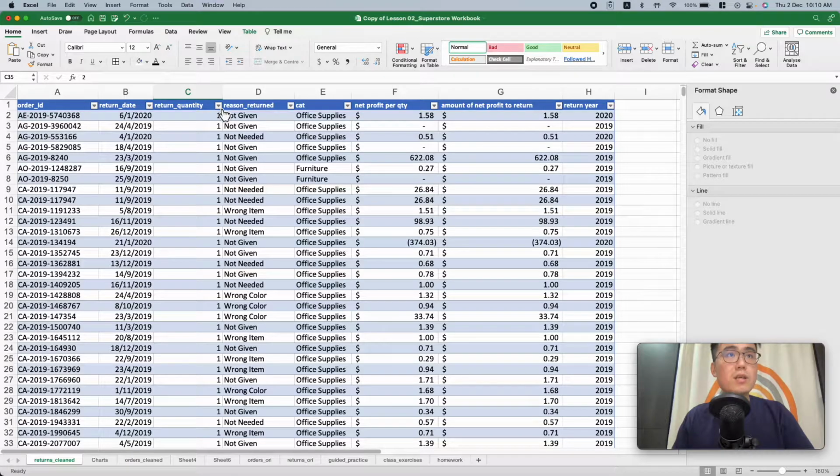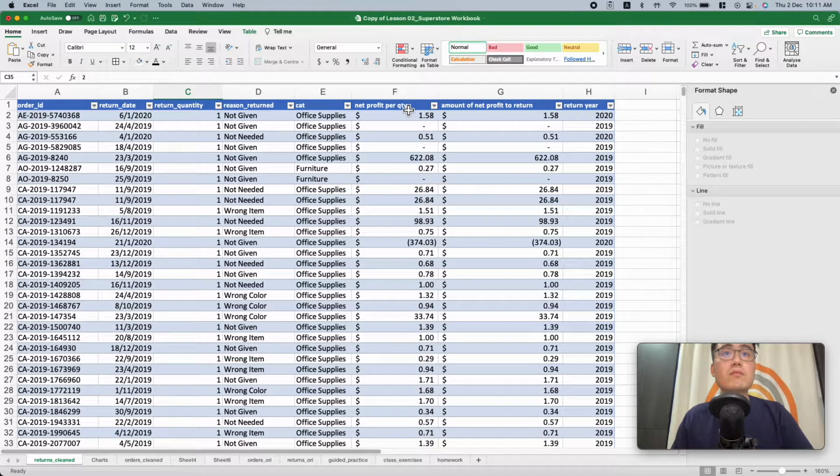So there is another step. So instead of returning the whole order, most of them return just one of the items that they've bought. So that's why I divide the profit, because the others that the customers kept are still considered as profit itself.